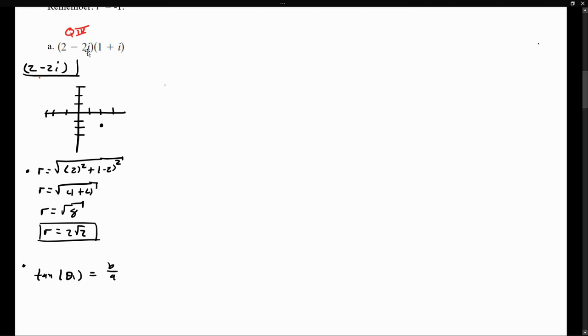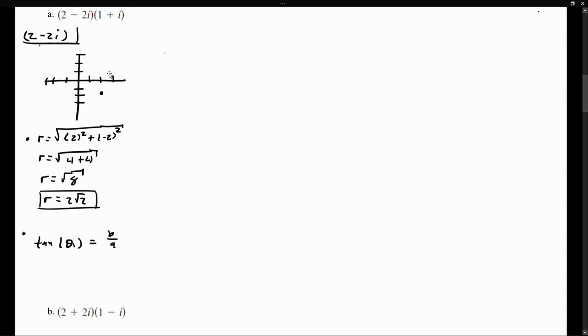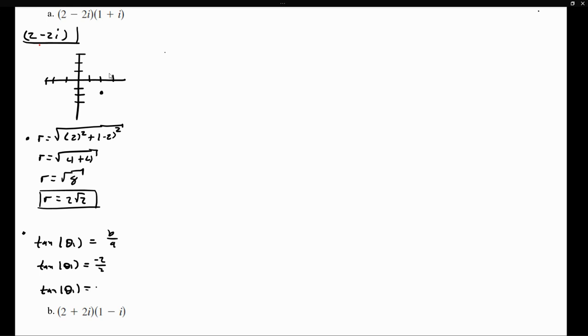But here my b has a value of negative 2, and here my a has a value of 2. So now we know that the tangent of theta is equal to negative 2 over 2, which is just negative 1. So now we want to find angles which, if I evaluate on tangent, get me a value of negative 1.